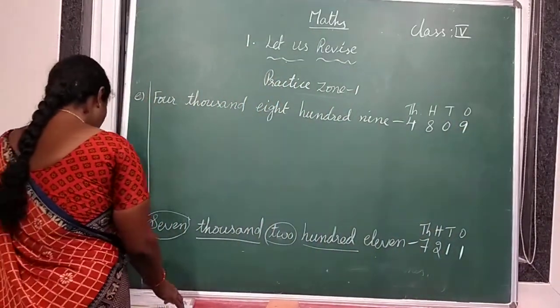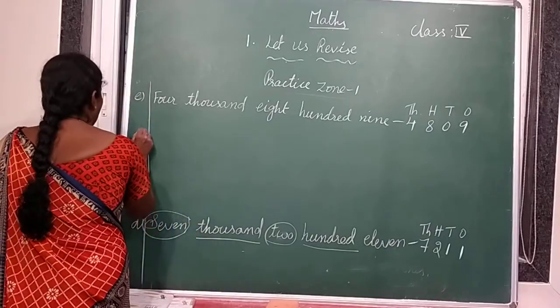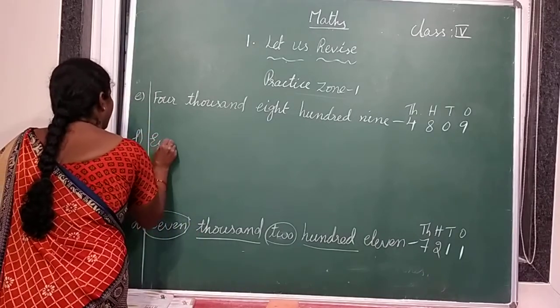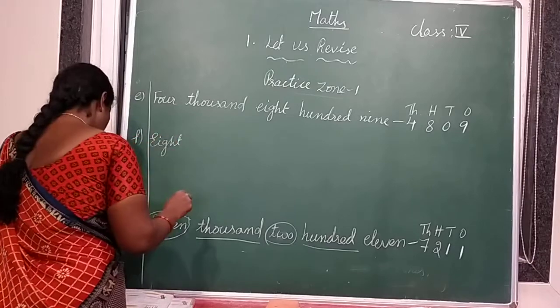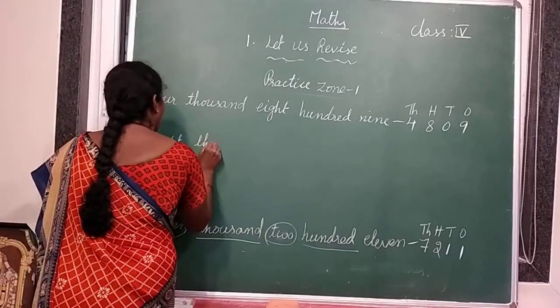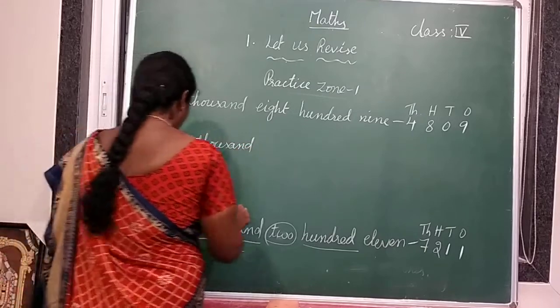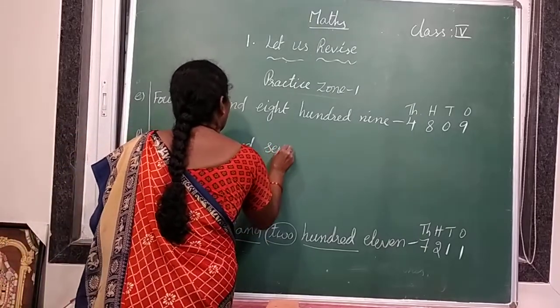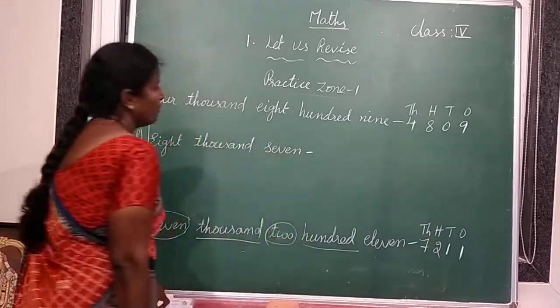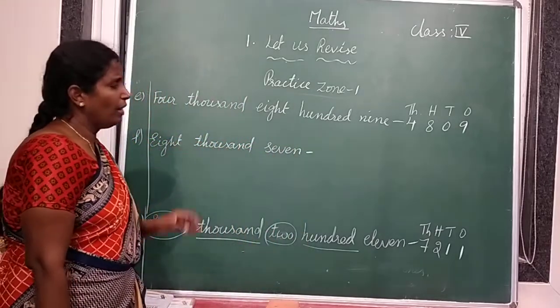And next, last one, 8,007. So same method you have to follow.